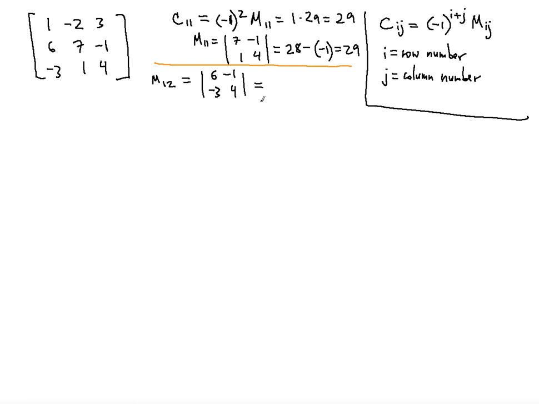The determinant, and that's going to be 24 minus the product of this diagonal, which is 3, so that's 21. So C12 is going to be negative 1 to the power of 1 plus 2, right, according to the formula, times 21, so that's negative 21.